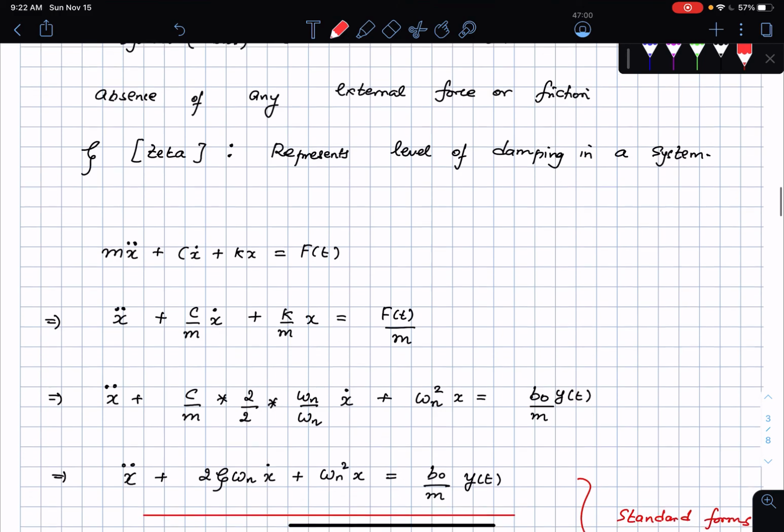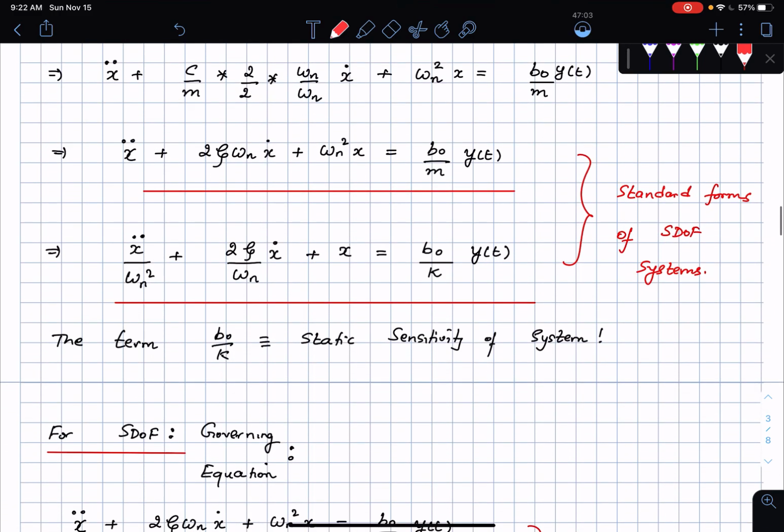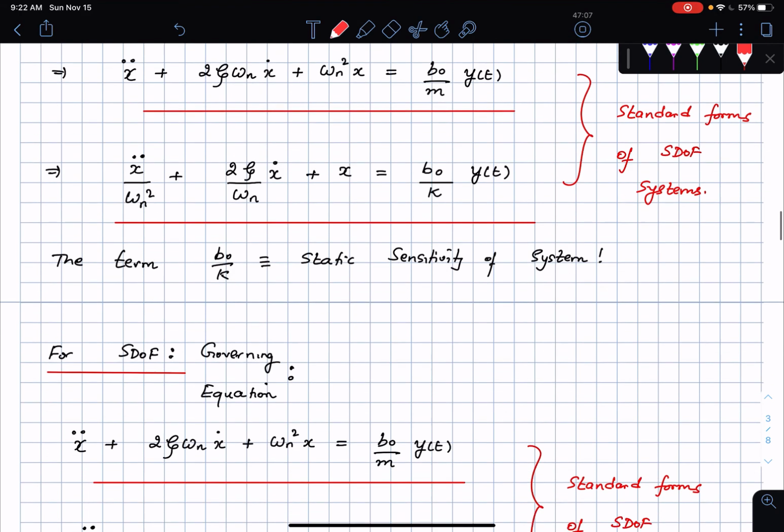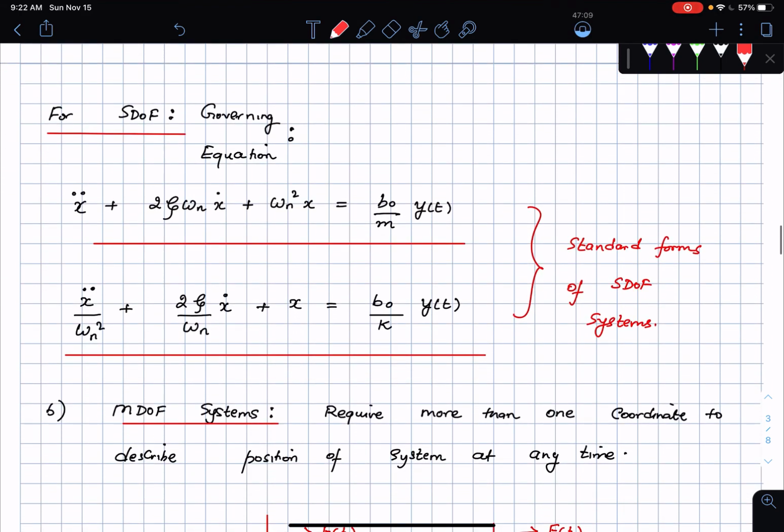There are a couple of ways of writing this in a standard form, but the important thing is, if you're looking at the governing equations, all of the coefficients on the right hand side are positive. This is very, very important. If you're going to have a system that is stable, all these coefficients have to be positive.